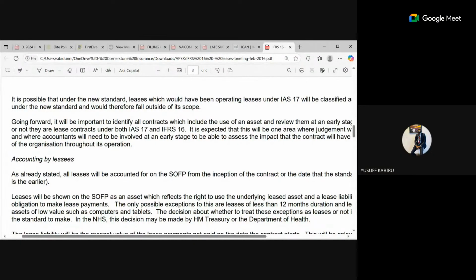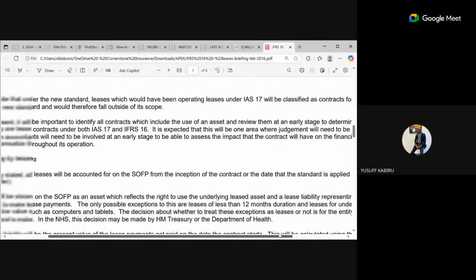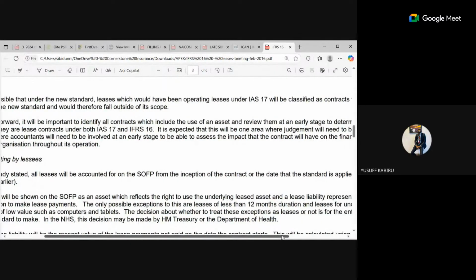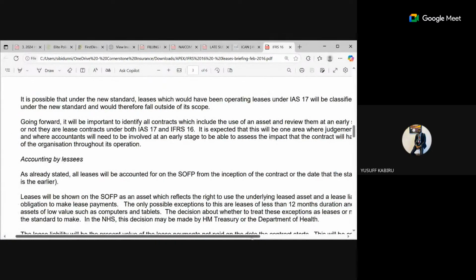Leases will be shown on the statement of financial position as an asset, which reflects the right to use the underlying lease asset, and a lease liability, representing the obligation to make lease payments.